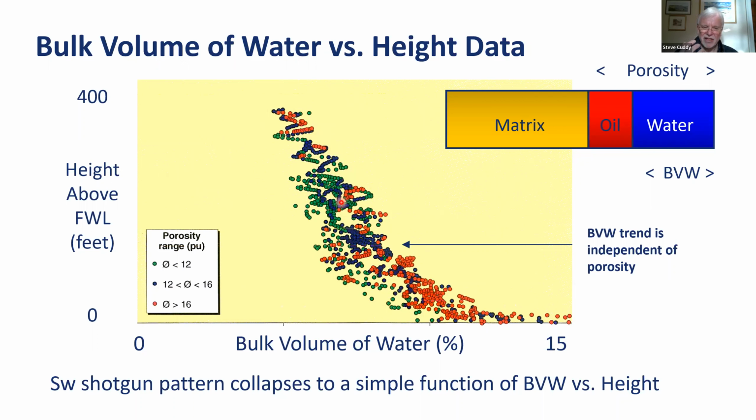What I'm trying to say is that there is no way you can use porosity to improve your function, as we're doing with the porosity banding with SW. And you can use the Z-axis for anything you want, permeability, facies type, or whatever. If you could get a separation, then you could have 2 functions for different facies. But we have consistently shown that this BVW is independent of rock type. You don't need a geologist.